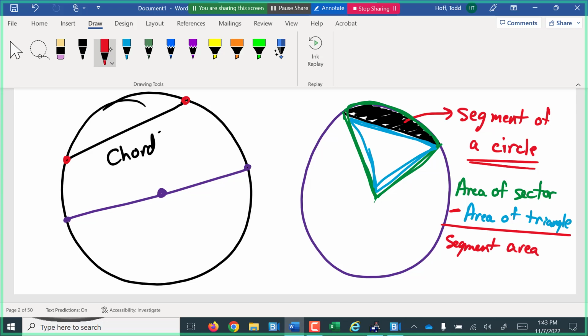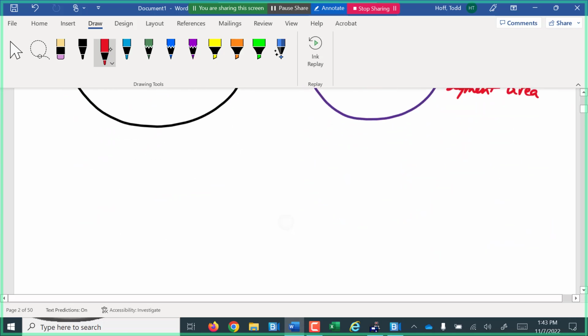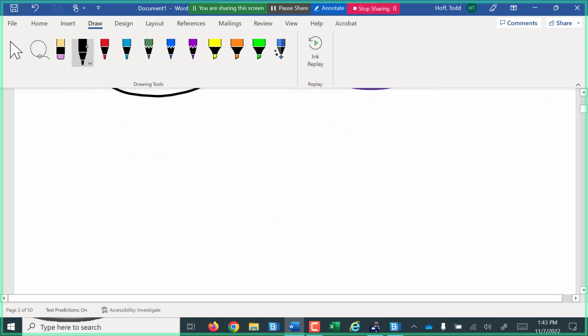So what we're going to do is look at some special cases here that make it easier on us. We don't know trig, and we're not going to get into trigonometry in this course. Some of the more complex examples would involve trigonometry. I'm not going to do that to you here.